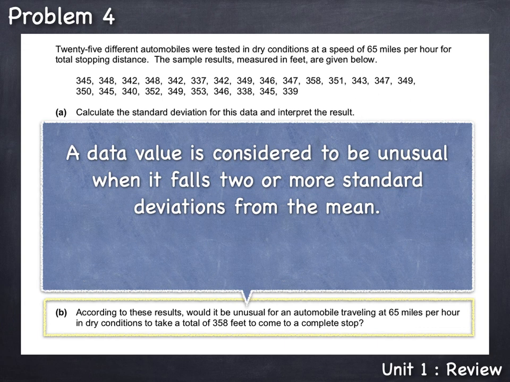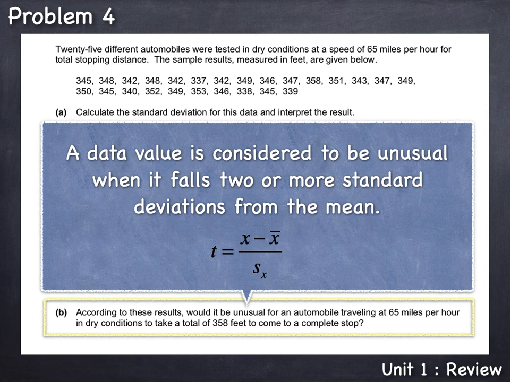To calculate a standard score based on sample data, we use the formula t, which is the symbol for the sample standard score, is equal to x, our symbol for the data value. In this case, the data value in question is 358 feet to come to a stop. So we convert the 358 feet into a standard score by subtracting x bar, the mean for the sample of data, divided by s sub x, the sample standard deviation for the data.